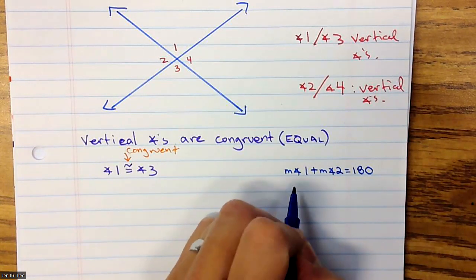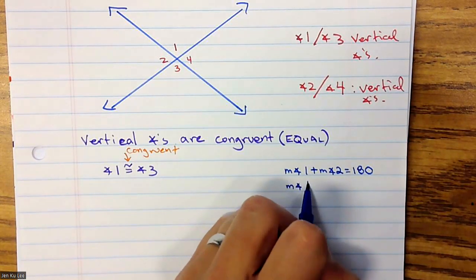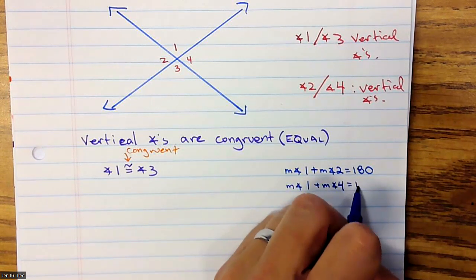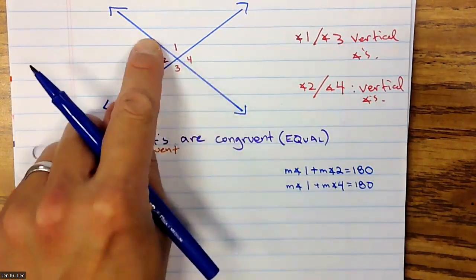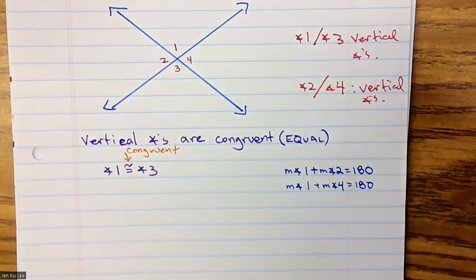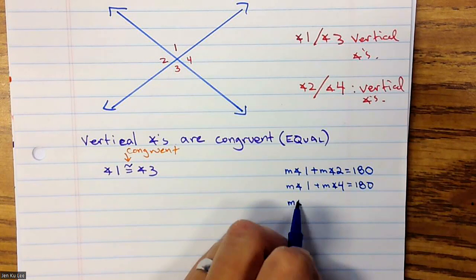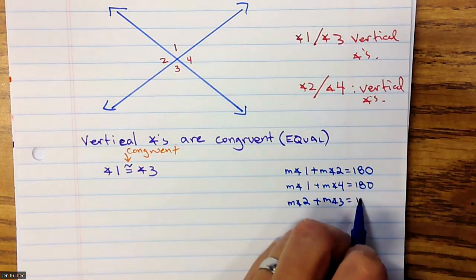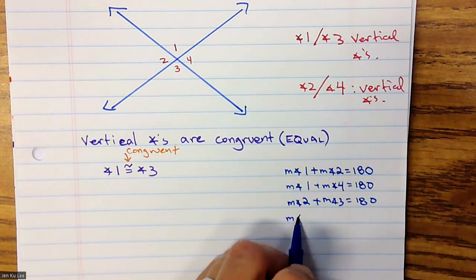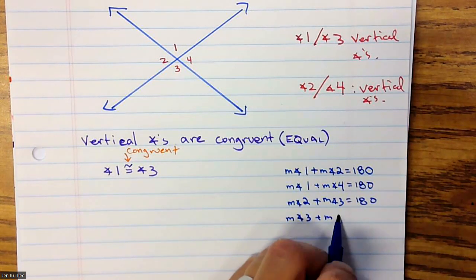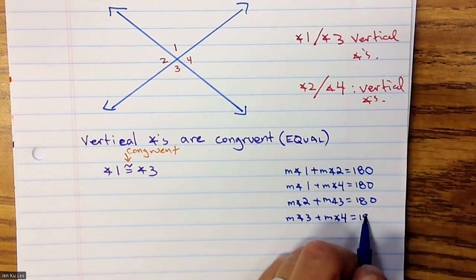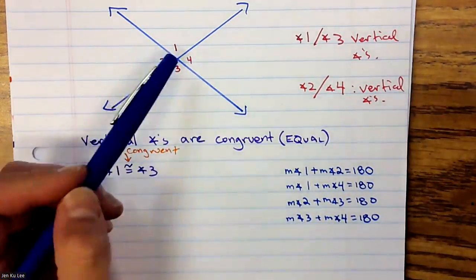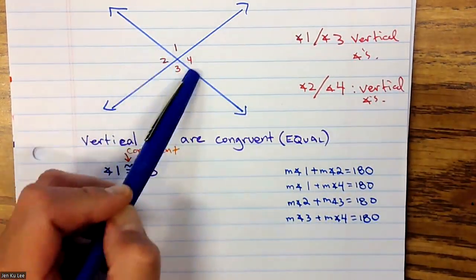I can also say the measure of angle 1 plus the measure of angle 4 equals 180. Again, because they're linear pairs, I'm going to get all the linear pairs. The measure of angle 2 plus the measure of angle 3 equals 180. The measure of angle 3 plus the measure of angle 4 equals 180. I can say all of these things because they're all linear pairs.